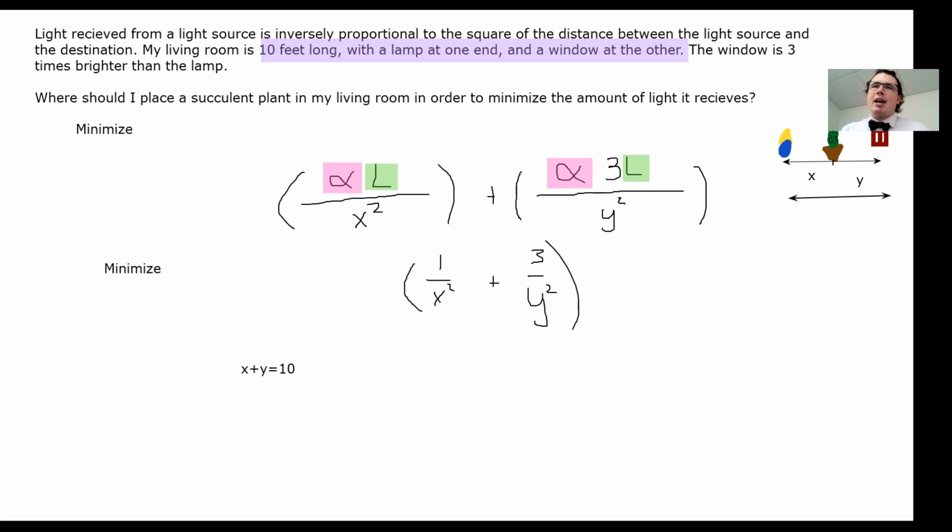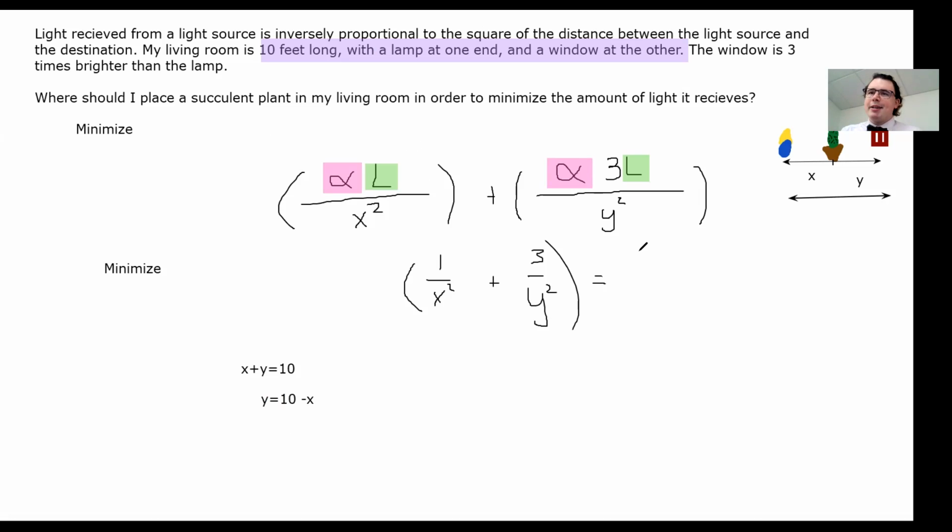So I can say, well, how about I make one of these my independent variable, and that's the variable I will care about, and I'll make the other one my dependent variable. And all that's happening algebraically is I'll say that y equals 10 minus x. So if you pick your x first, the y has been chosen for you according to this formula.